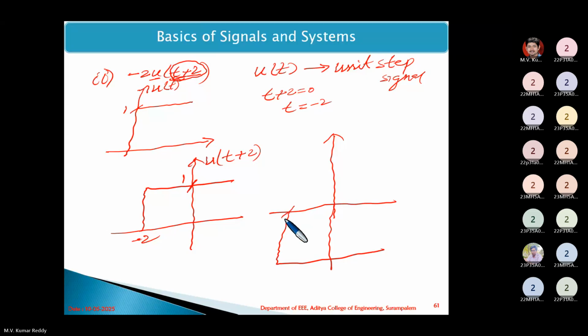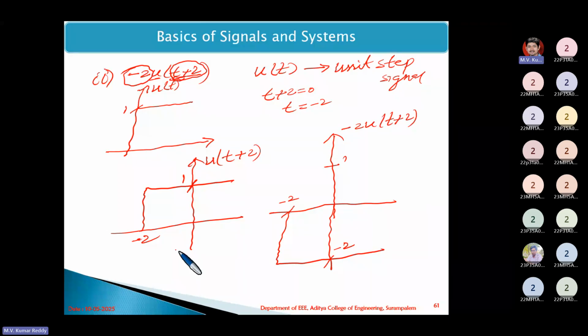Here same minus 2, but this 1 is shifted to minus 2 because how much value you have to multiply? Minus 2. So u of t plus 2 becomes minus 2 u of t plus 2.